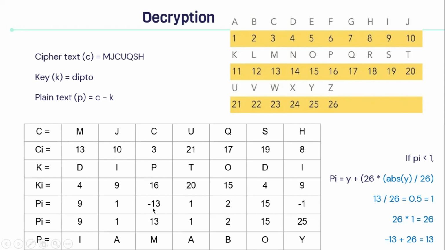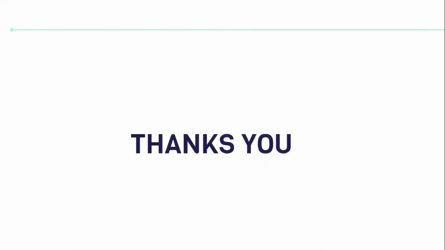Then the Pi, which is minus 13 plus 26, is equal to 13. This is how we have to transform if the value is less than 1. So this is the plain text, I am a boy, with the key. This is the theoretical part.